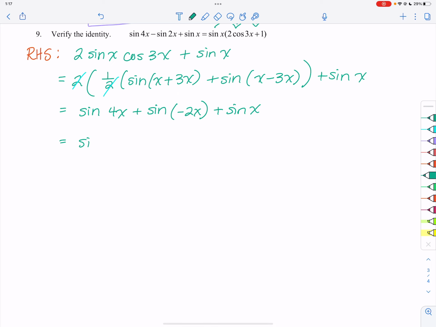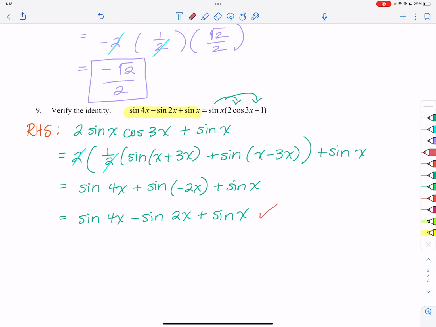And we have the sine of 4x minus the sine of 2x plus the sine of x. And that concludes this video.